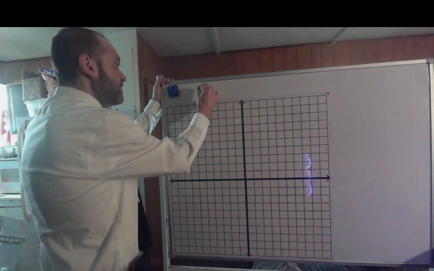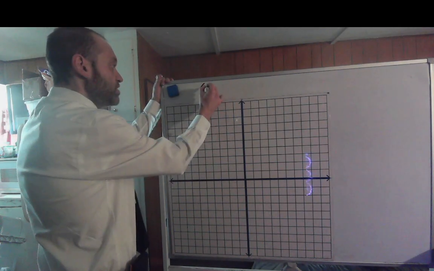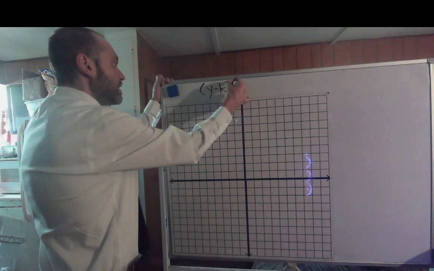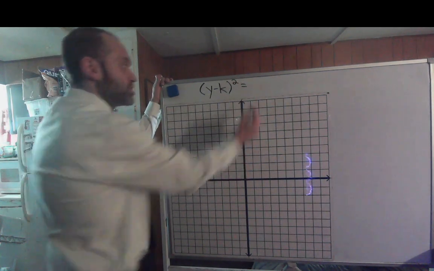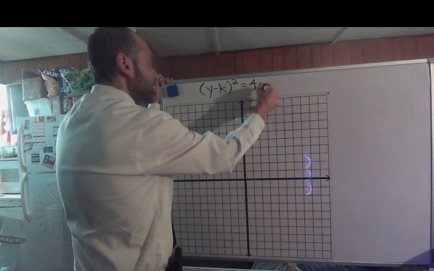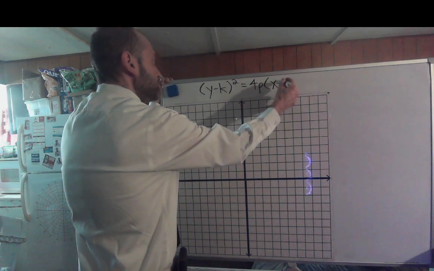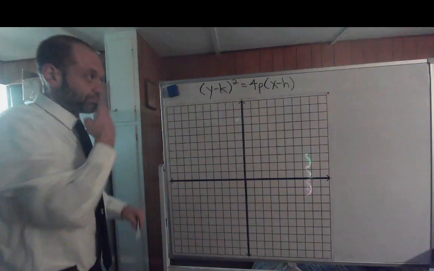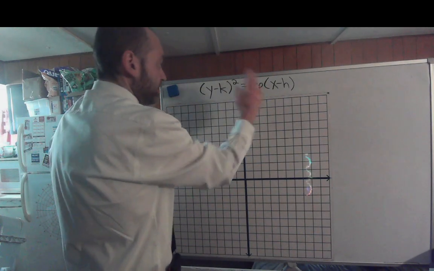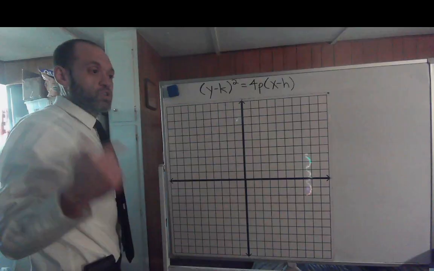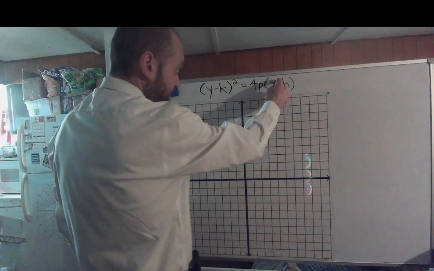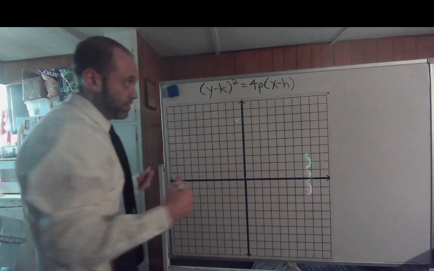So if you have x-axis symmetry, your equation is going to be in the form of y minus k quantity squared is equal to 4p times the quantity of x minus h. So once again, the linear variable denotes which axis it has symmetry with. In this case, the x is linear to the first power.